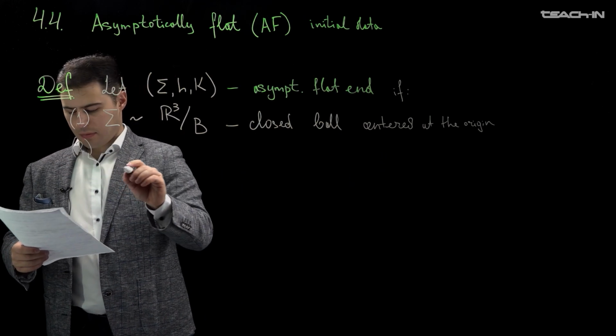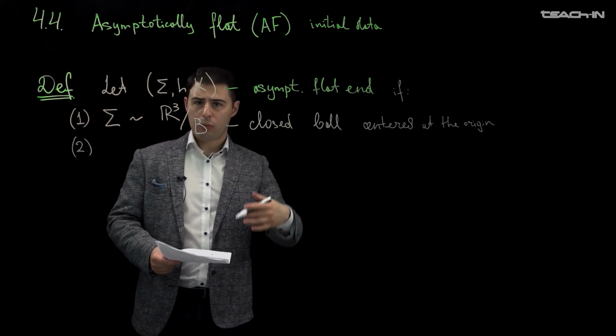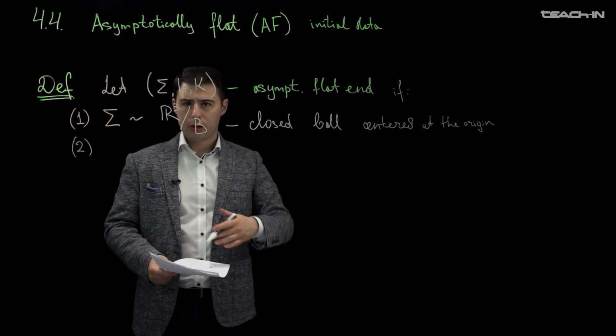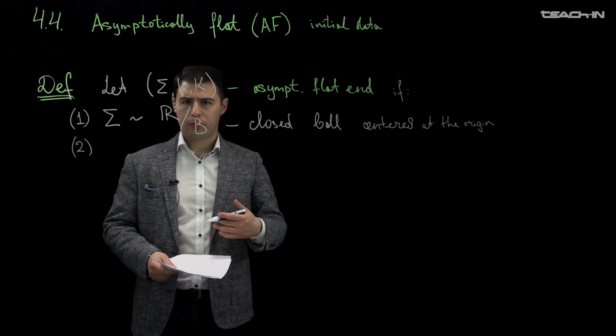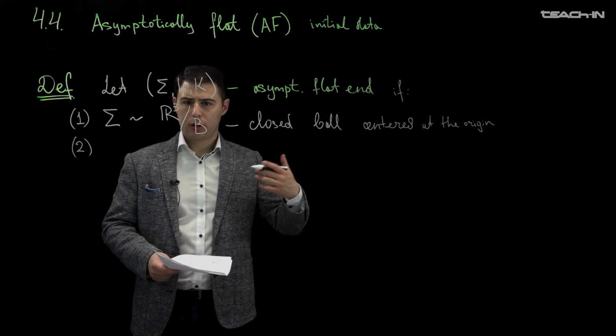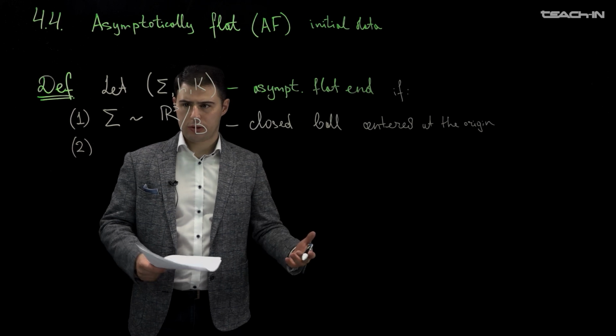Secondly, we want the initial data, that is the metric and the extrinsic curvature, to have properties similar to the Minkowski spacetime at the asymptotics.